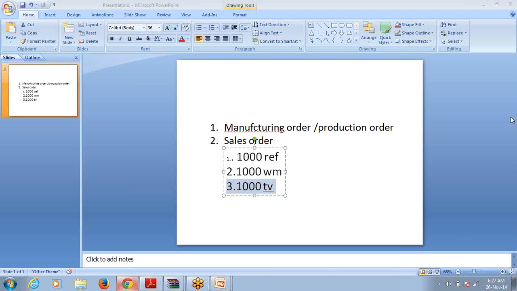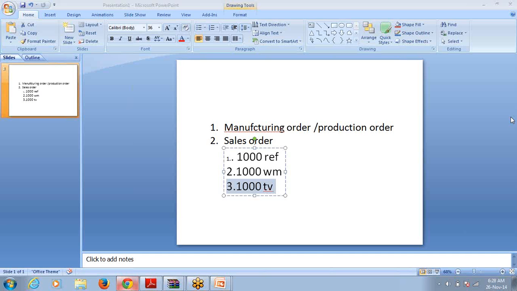In the product cost planning, you find out the estimated cost for each unit of the product. This is what exactly we do in the product cost planning. Then in the cost object controlling, whenever you get a sales order, it is created as one cost object.